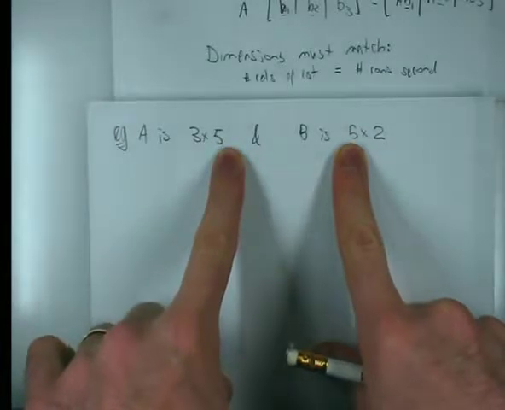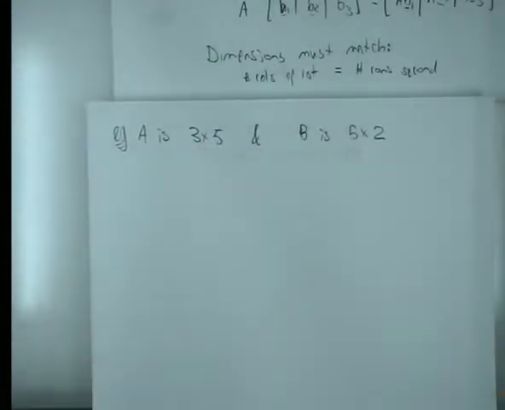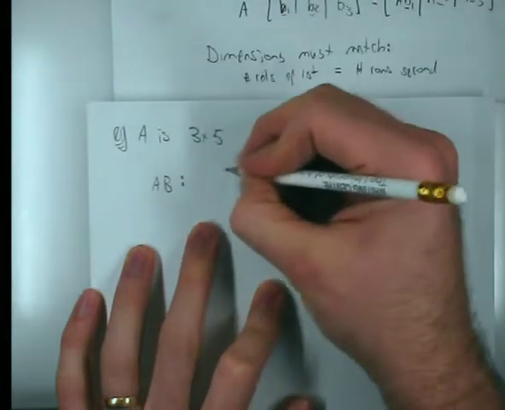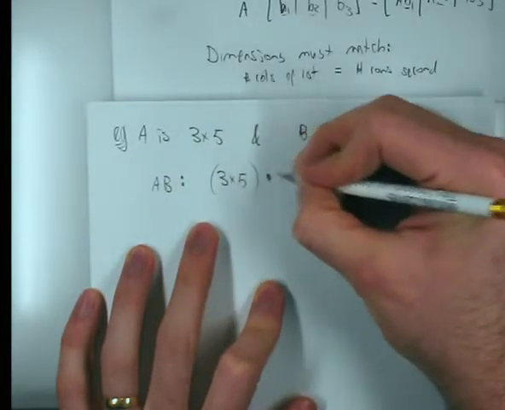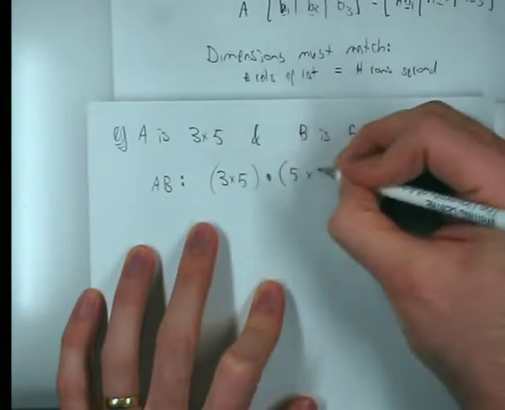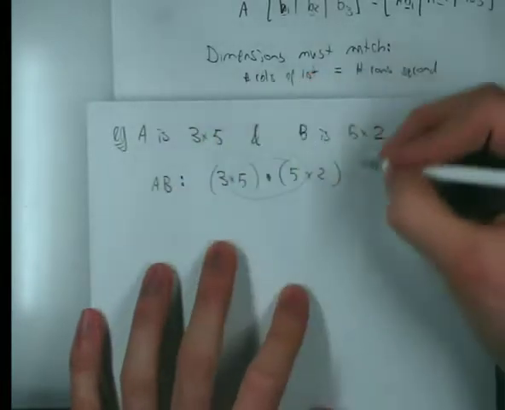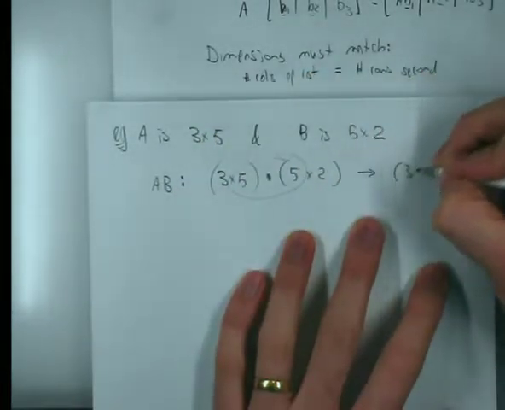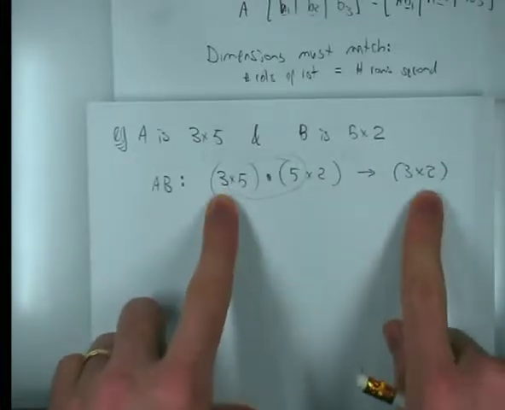It won't be possible to do BA because they don't match this way. Okay? So what I can actually do is I can go AB would be 3 by 5 times 5 by 2. And since those two match, it is actually possible. And the result will be 3 by 2. So these two outside ones will be the size of the result.